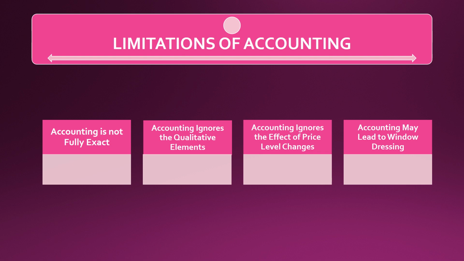By this, what has been done? Either the expenditures will be reduced in the books or the sale will be increased in the books. This is called manipulation of the financial information.